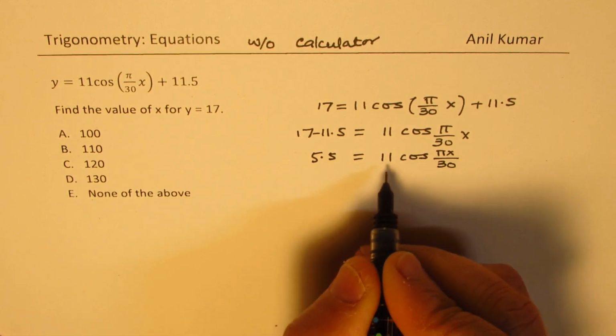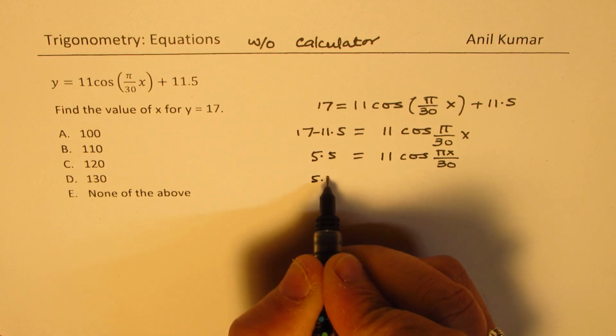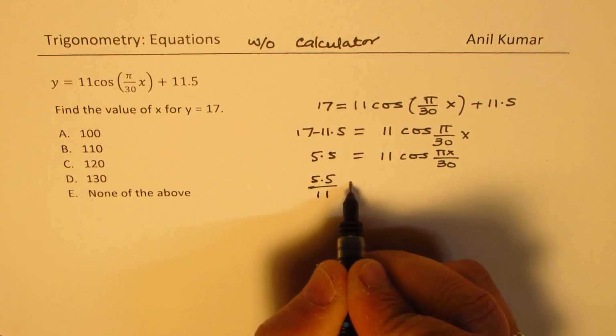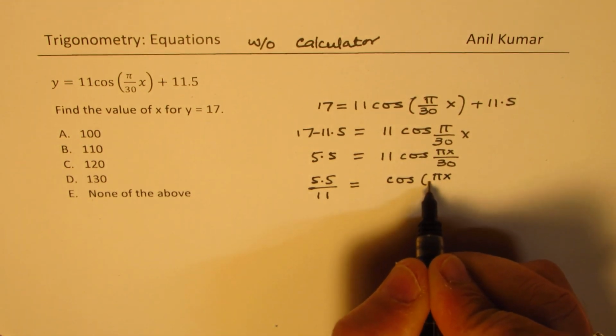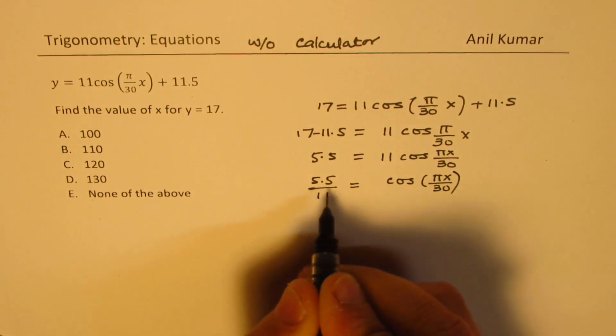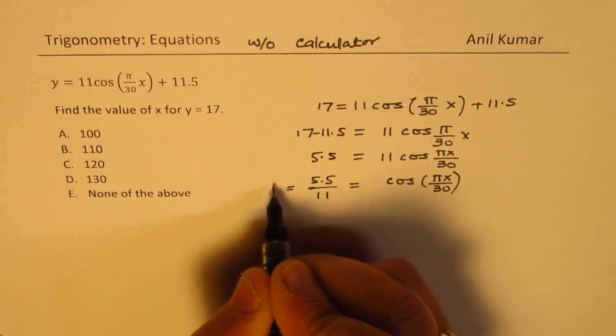Now we will divide by 11. So we get 5.5 divided by 11 equals cos pi x over 30. Now this is equal to half, right?